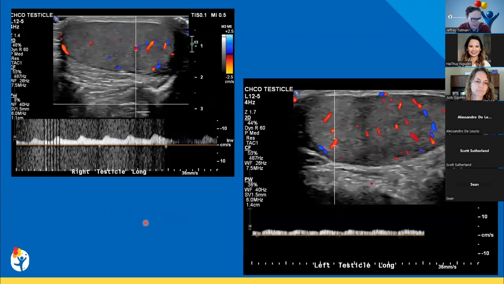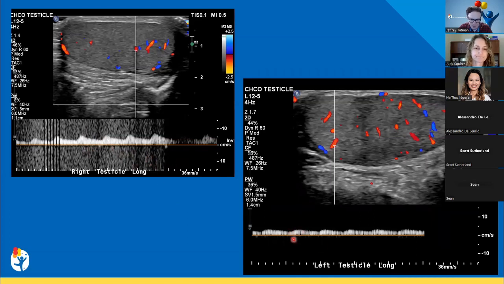So he went over there and had a more formal testicular ultrasound done. So we can see there is asymmetric perfusion to the right and left testicles. This was one other question I had for you too, was how much weight do you place on the kind of waveforms of these testicles? So I think sometimes I get the sense that it's more artifactual, or they're just kind of getting waveforms from different locations.